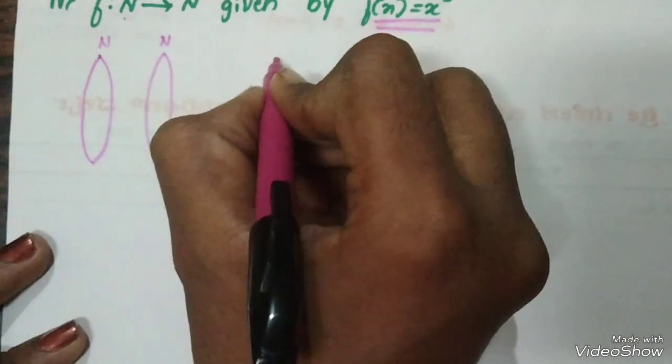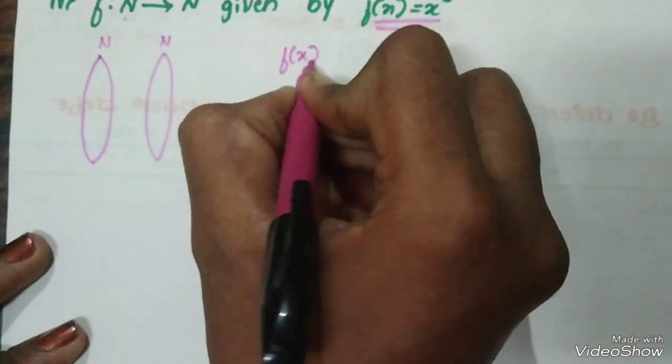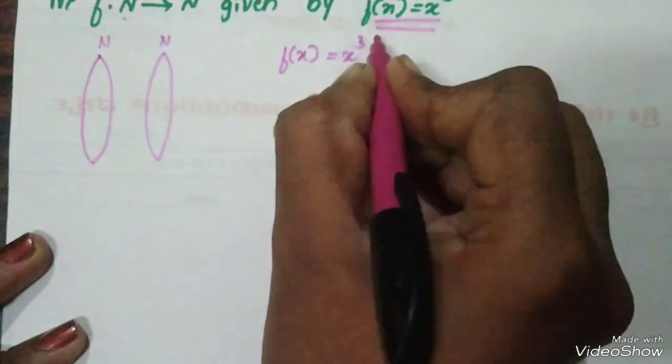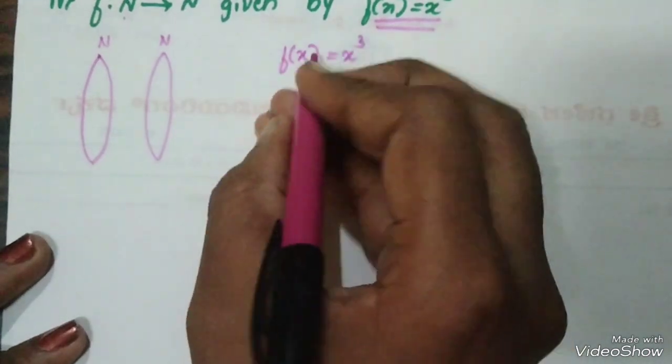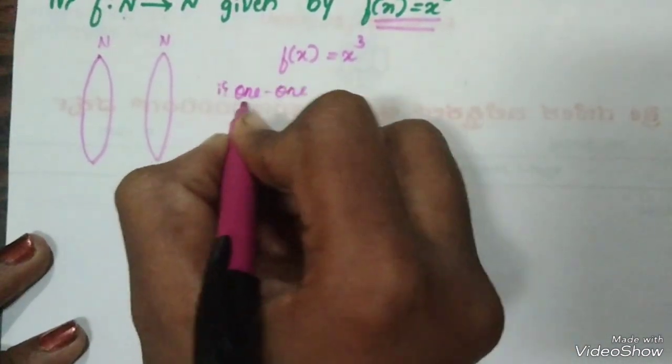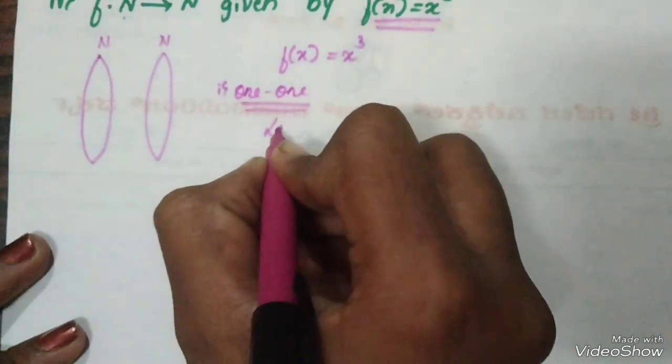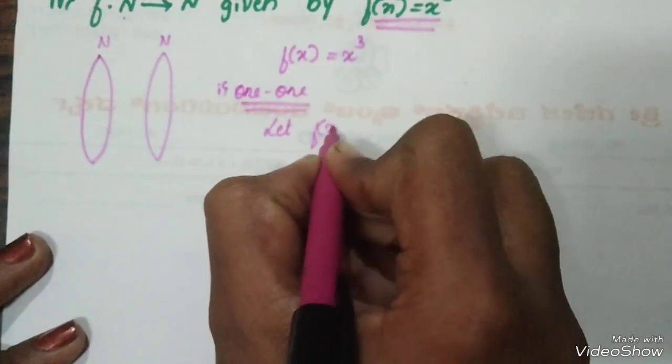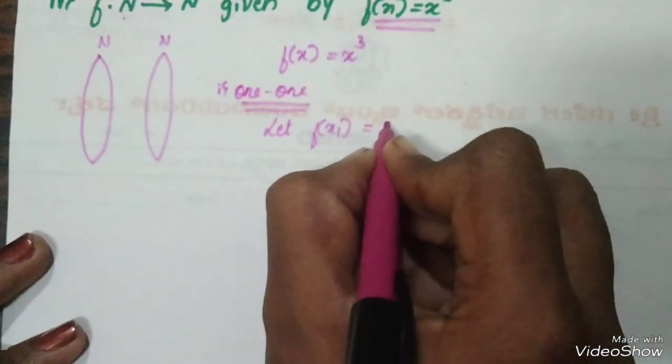Okay, now first f of x is equal to x cube. Here for the one-one condition, let f of x1 is equal to f of x2.